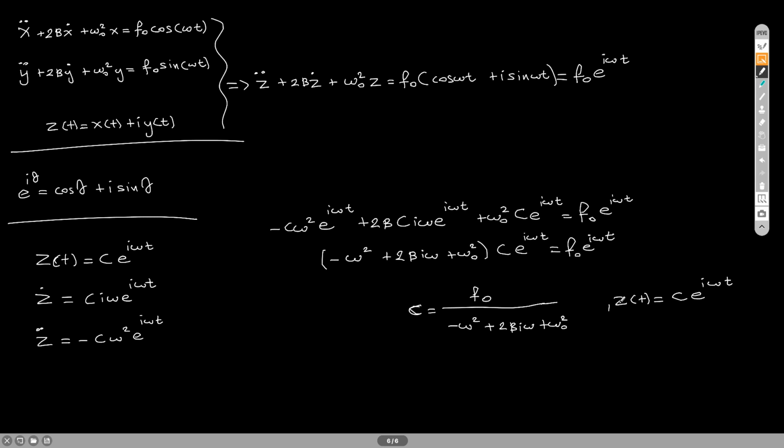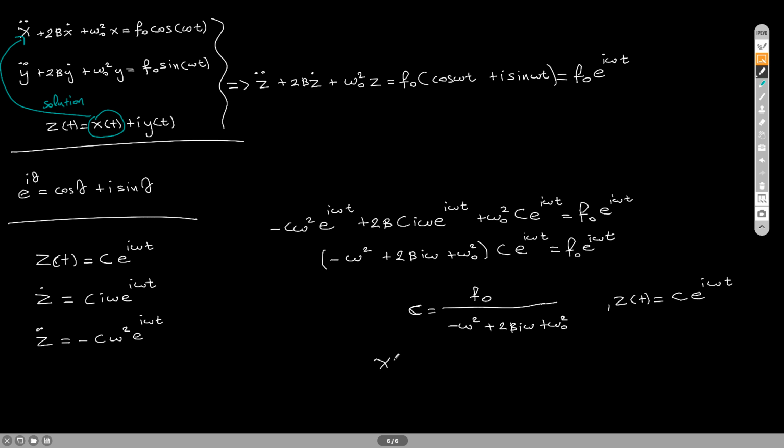Why do I have to take the real part, and why not keep the whole thing? Remember how I defined it: this is the solution to that differential equation, this is the quantity I'm looking for, and this is the real part of z.